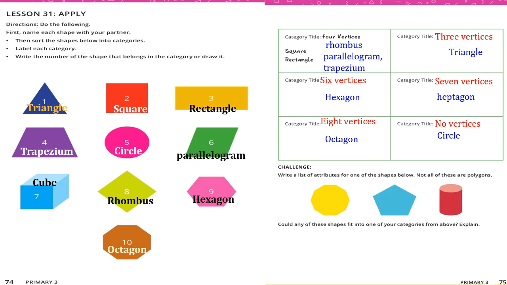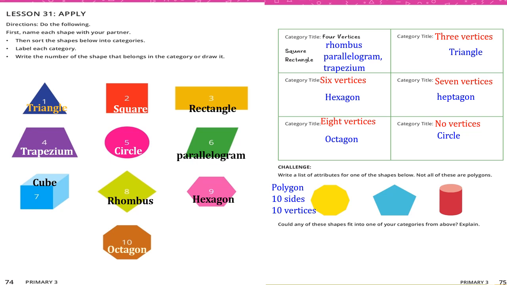Now our challenge. Let's write the attributes of each shape from these 3 shapes. The first shape is polygon or not? Yeah, it's polygon. It's 2D shape and closed one, and it doesn't have any curves. So it's polygon that has 10 sides and 10 vertices.